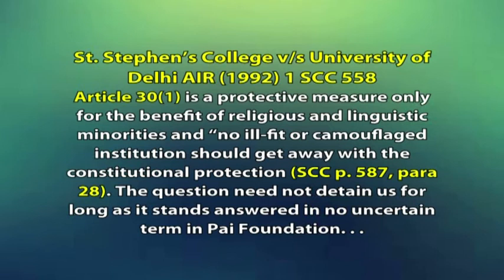In St. Stephen's College vs. University of Delhi, their lordships had ruled that Article 30, Clause 1 is a protective measure only for the benefit of religious and linguistic minorities, and no ill-fit or camouflaged institution should get away with the constitutional protection. The question need not detain us for long as it stands answered in no uncertain terms in Pai Foundation.